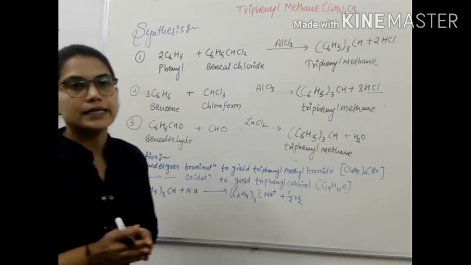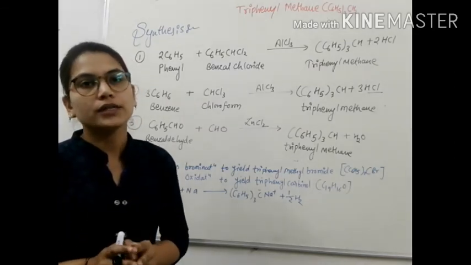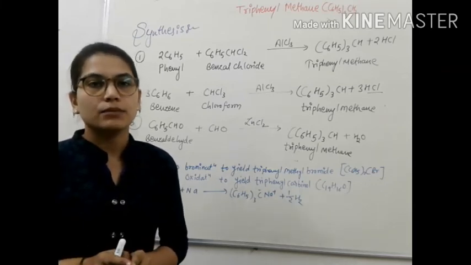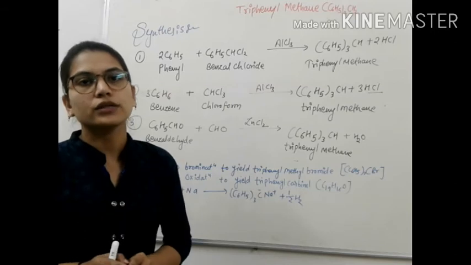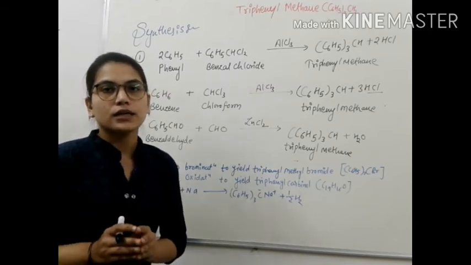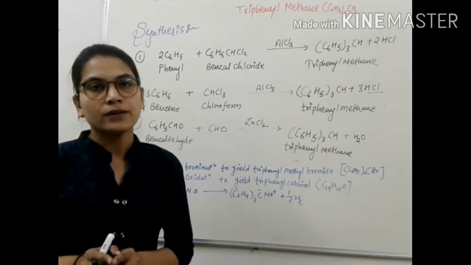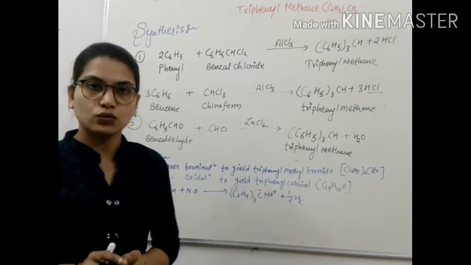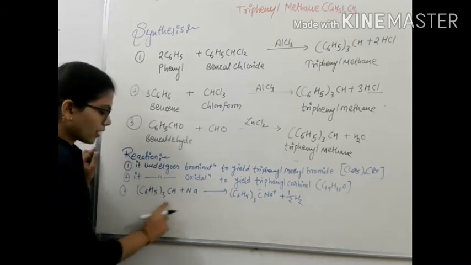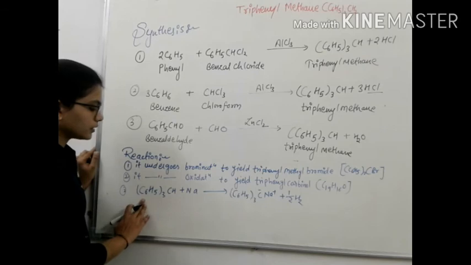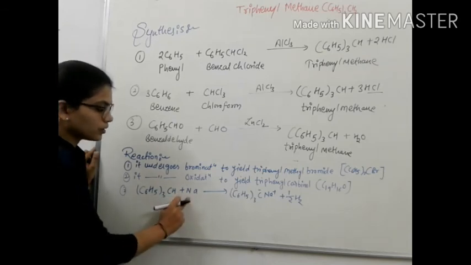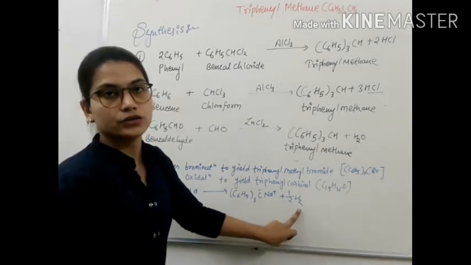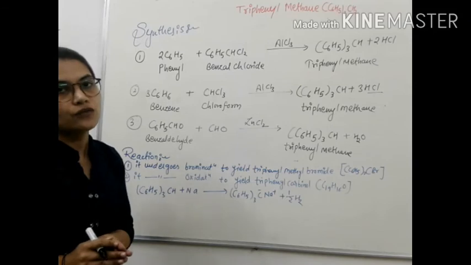The third point: it is acidic, more than diphenyl methane, and the conjugate base is stabilized by resonance. On treatment with sodium in ether solution or in liquid ammonia, it yields triphenyl methyl sodium. When triphenyl methane reacts with sodium, the formation of triphenyl methyl sodium and hydrogen occurs. This is the third reaction of triphenyl methane.